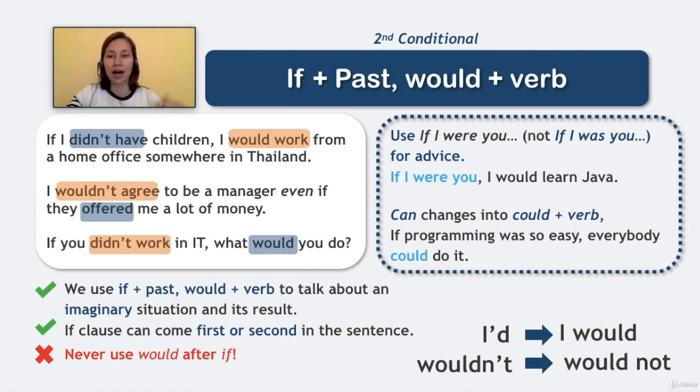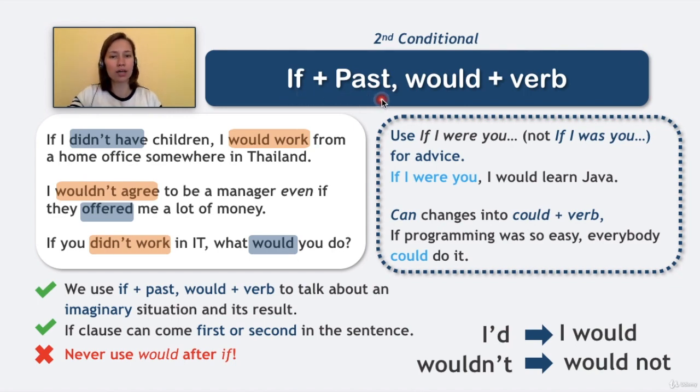So let's look at how we can form these sentences. Well, the main formation is written in big letters here, up here. So again, we use the word if, but in this case, after if, you have to use the past simple tense of the verb, any verb that you want to use.